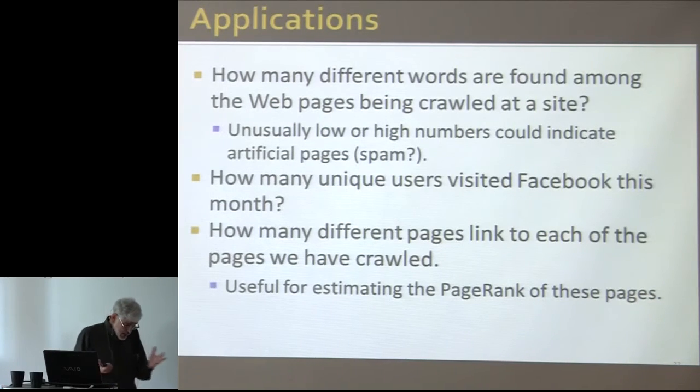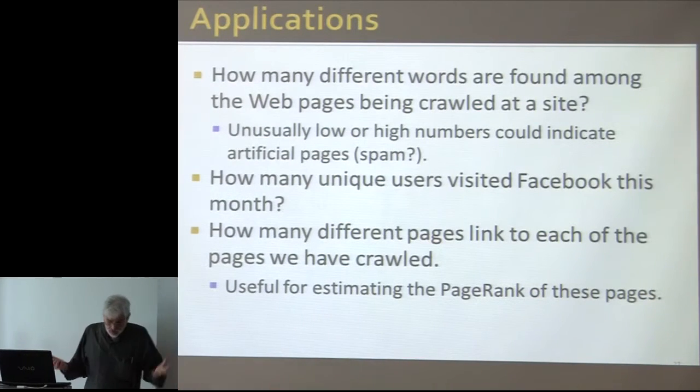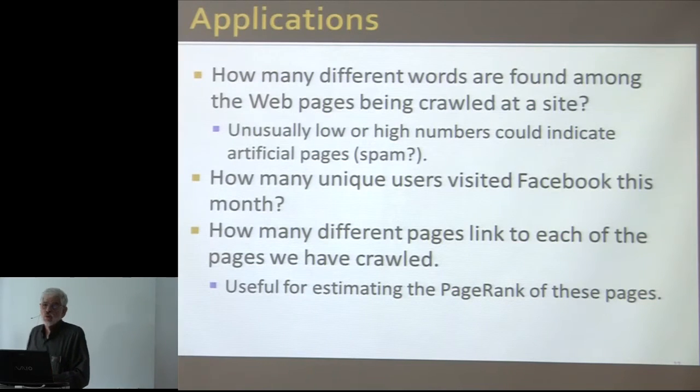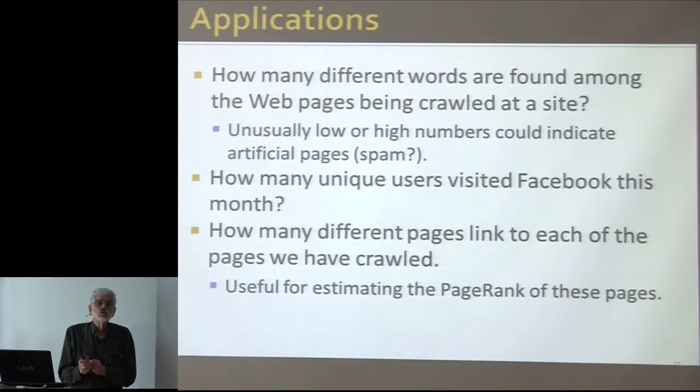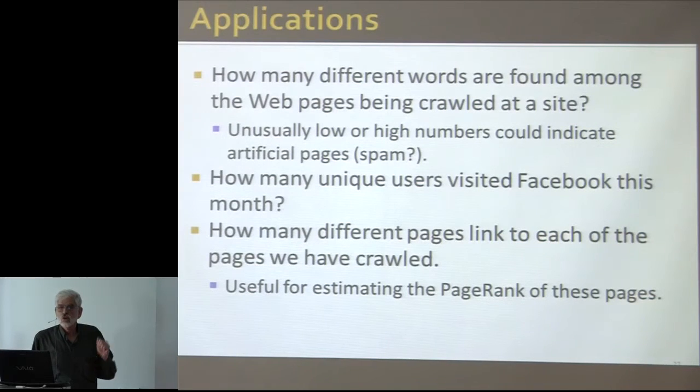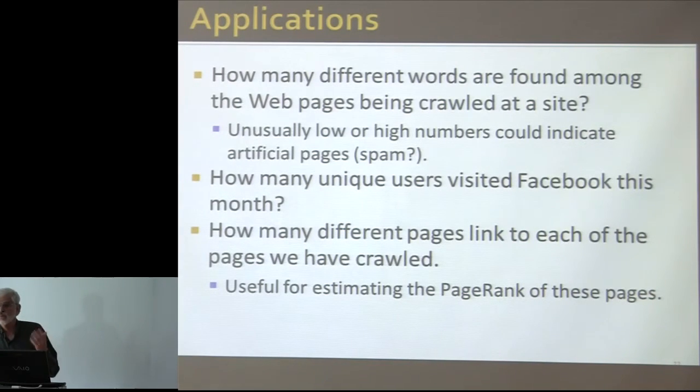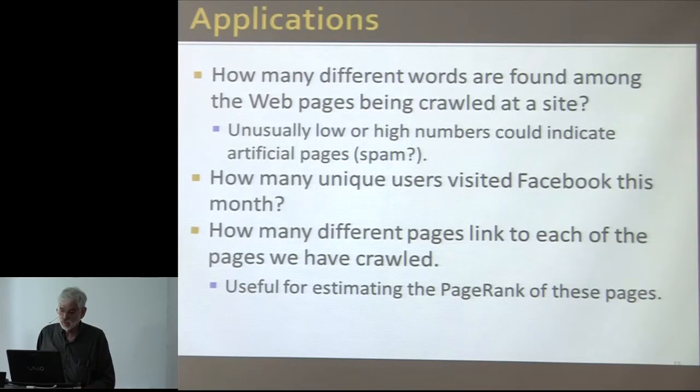Trouble is, you can't compute page rank until you've crawled the web. You're just crawling the web now, so you don't know what the page rank is. But what you can do is compute the number of links to each page that you've seen. If the number of links into a page is high, that's a good reason to suspect that the page rank will be high. It's not a guarantee, but it's reasonable.